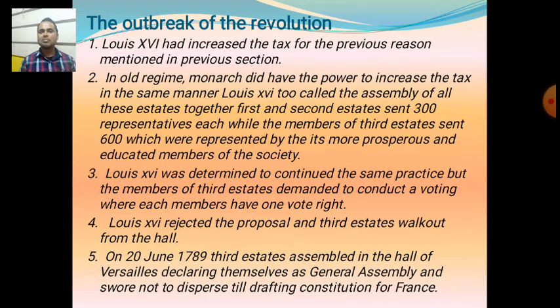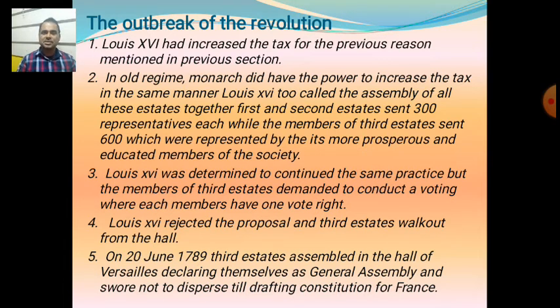In the old regime, meaning the Bourbon dynastic rule before Louis XVI, the monarch did not have the power to increase the tax by himself in the same manner as Louis XVI. In the old regime, the monarch used to call representatives from all the states, and with their consent they used to increase the tax.